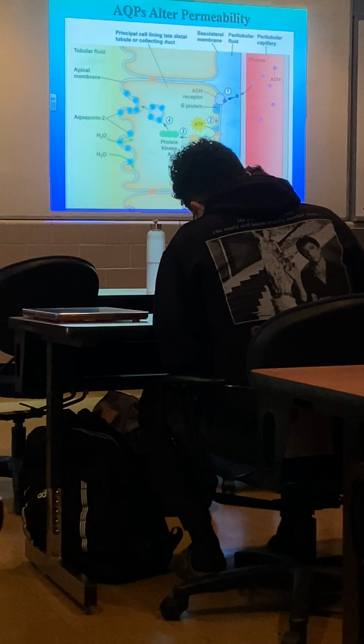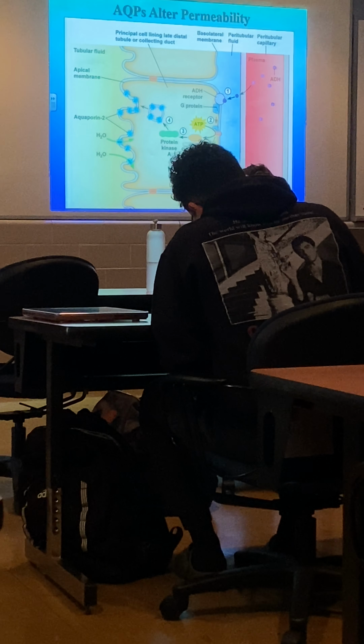However, when the protein kinase A phosphorylates the vesicle proteins, this vesicle will fuse with the apical membrane of this epithelial cell, and it will deposit in the apical membrane additional aquaporin pores. And when these additional aquaporin pores are deposited in the apical membrane, now more fluid can come through here and go out the basal membrane and end up in the vascular compartment again.